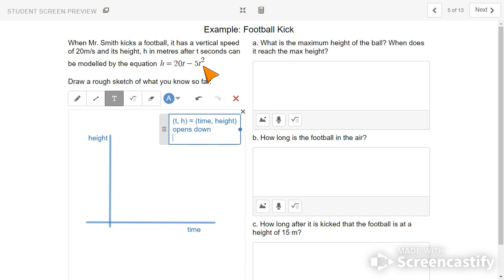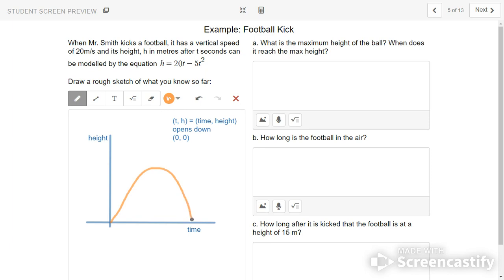Also, I notice that this is in standard form and there is no c term, so that means it will pass through the origin for sure. Okay, so as a rough sketch for this parabola, we're probably going to have something that goes up and then comes back down.